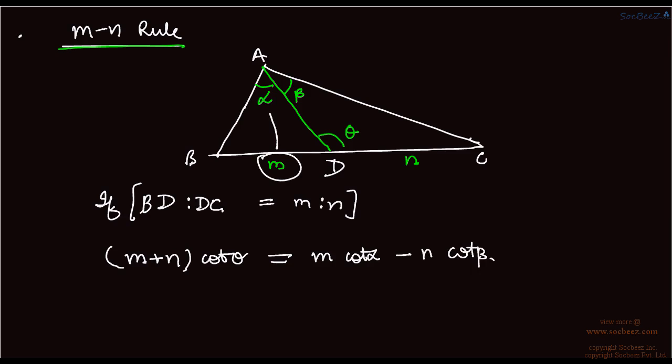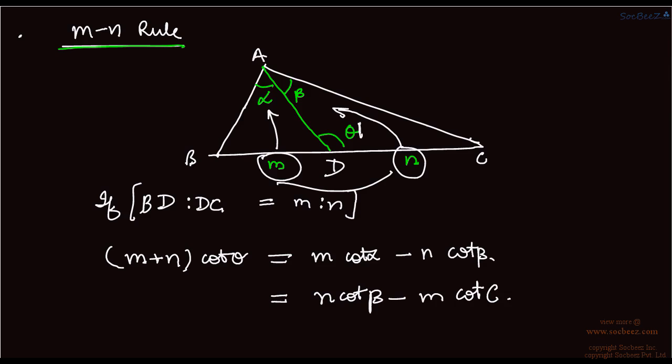Or you can write it as n cot B minus m cot C. This angle is B and this angle is C. m and n are these ratios, B and C ratios. So n cot B minus m cot C.